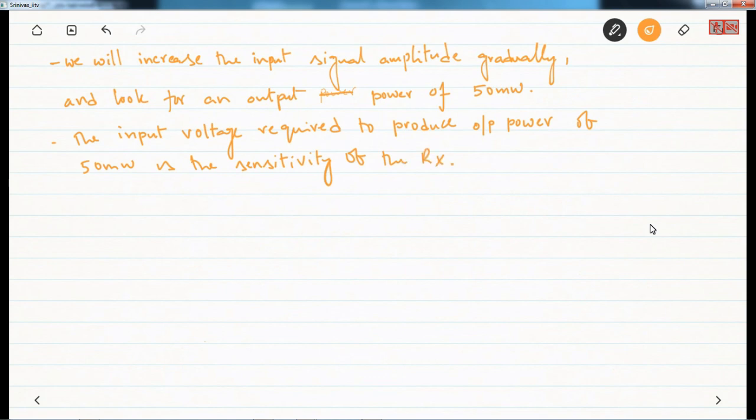Say, for example, the sensitivity of this receiver is 12.7 microvolts or 10 microvolts for an output power of minimum 50 milliwatt.